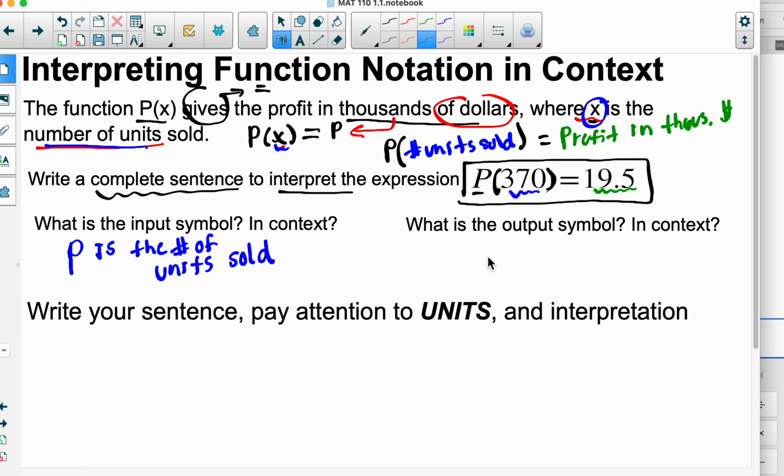And then if I look for my output, my output is P, right? I input the number of units sold here, and I get an output of P, profit. So my output symbol is P, and that is profit in thousands of dollars.